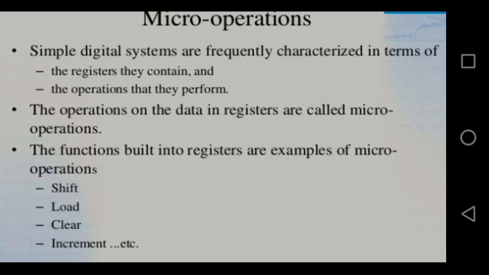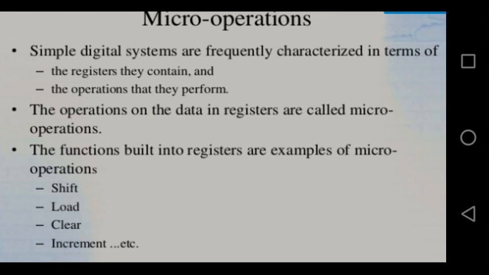Likewise, whatever operation you perform on the data in a register is called a micro operation. So a micro operation is the smallest operation that can be performed on the data stored in a register.